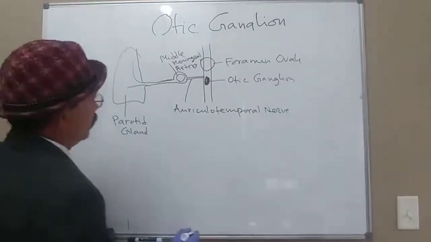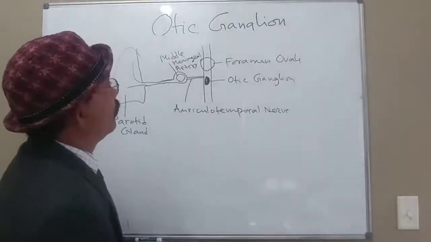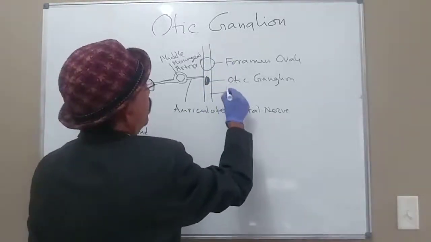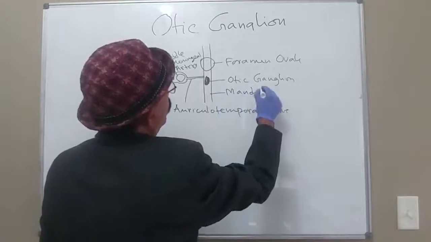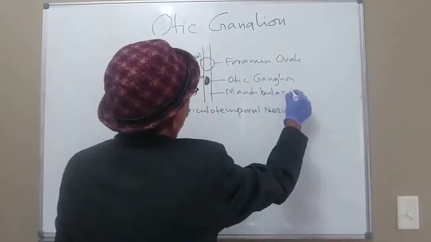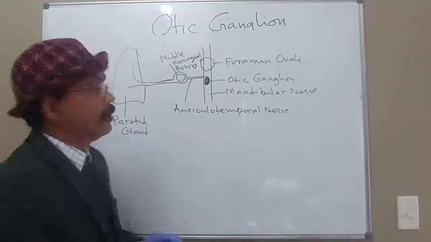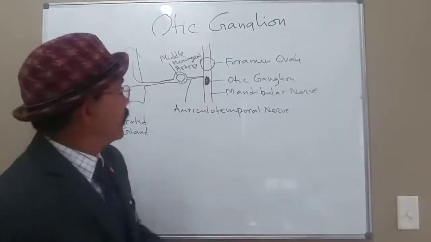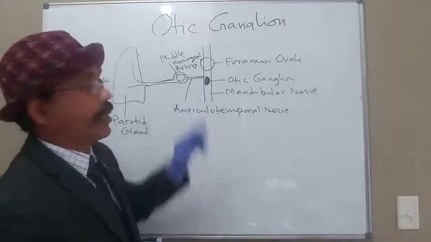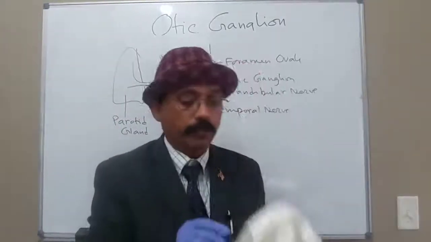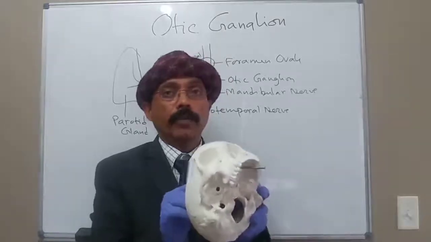Okay, we got the otic ganglion, foramen ovale, the mandibular nerve. So the middle meningeal artery, how does it enter the cranial cavity? It enters the cranial cavity through the foramen spinosum.